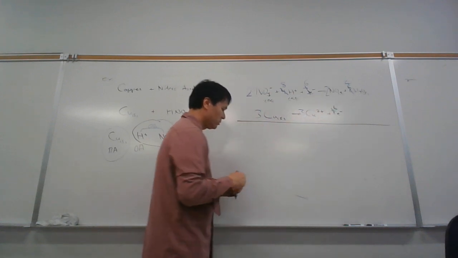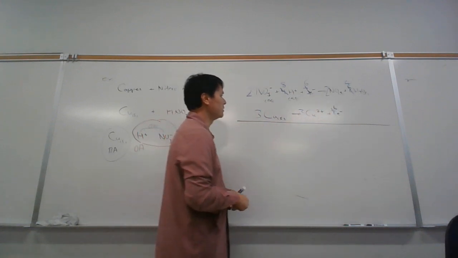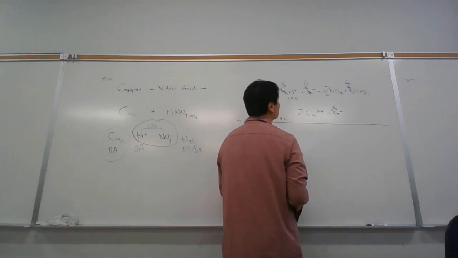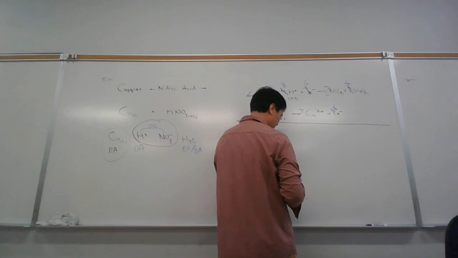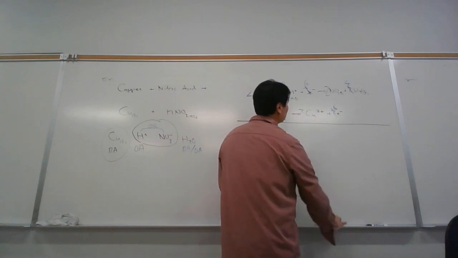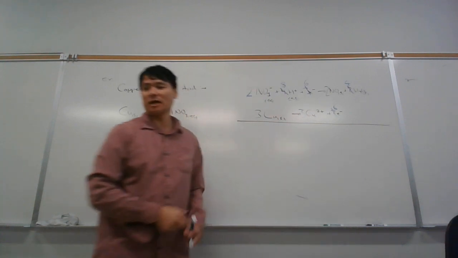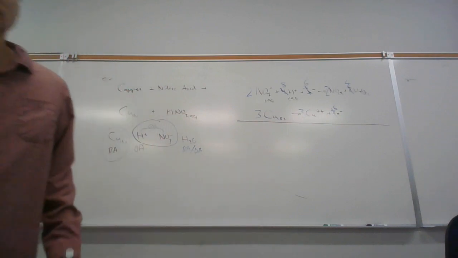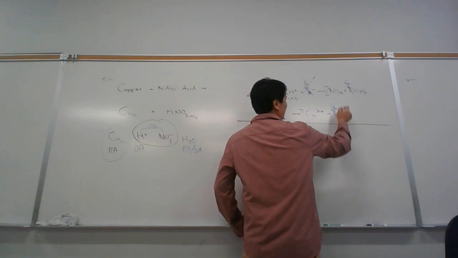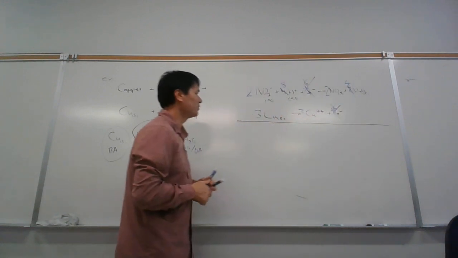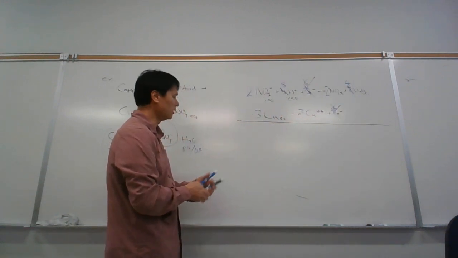The reason I need to do that is when we combine these, the electrons have to balance. That is, if I have 6 electrons consumed here, I have to have 6 electrons produced. And so I've got to make sure the electrons cancel each other out. So here, 6 electrons will cancel out the 6 electrons. And then I combine everything on the left and combine everything on the right.